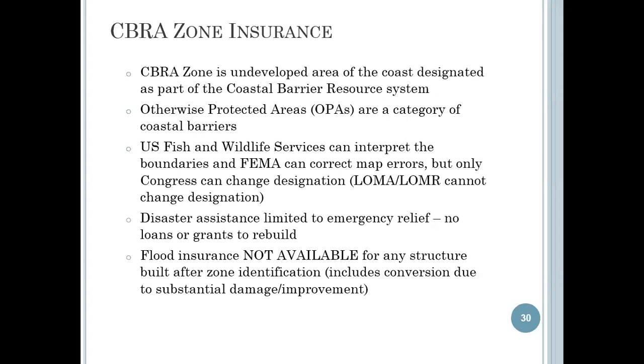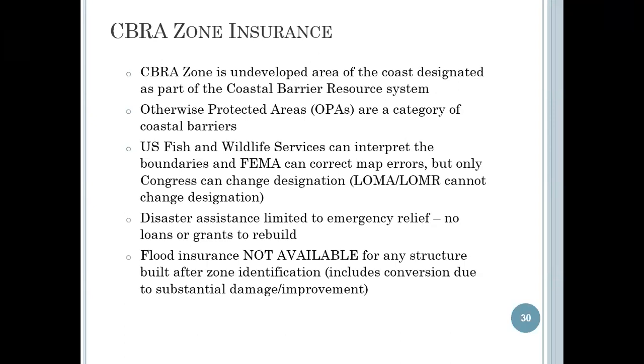So we've got the Coastal Barrier Resources Act that started the COBRA zone, and we've got the Coastal Barrier Improvement Act. One was in 82, I believe, and the other one was in 91. What it does is prohibit federal assistance.